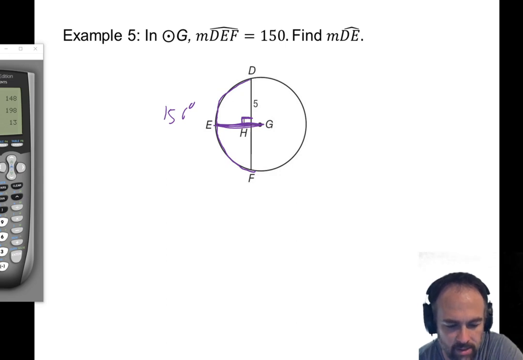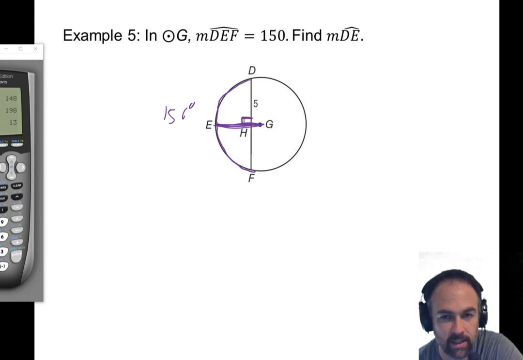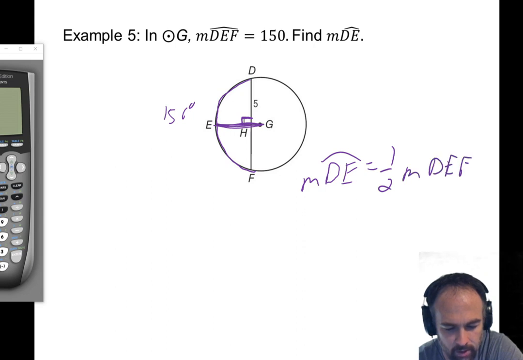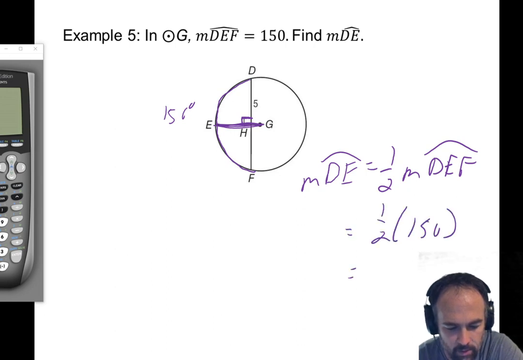Therefore, arc DEF has been cut in half by segment DGE. So the measure of arc DE is exactly 1/2 the measure of arc DEF. So that means it's just equal to 1/2 times 150, which is 75 degrees.